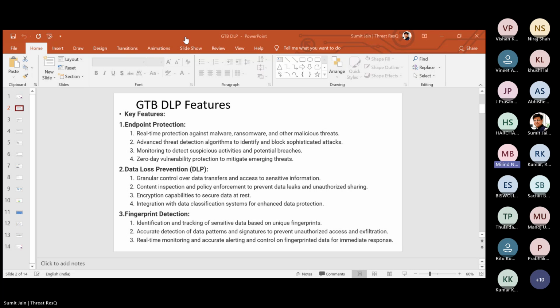So that is the major function of data leakage prevention.